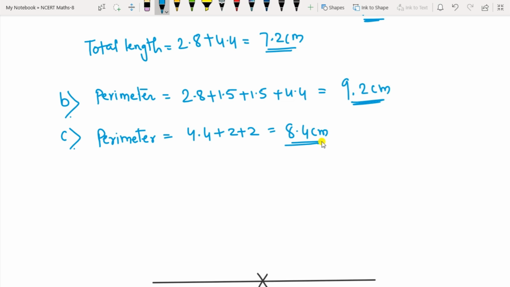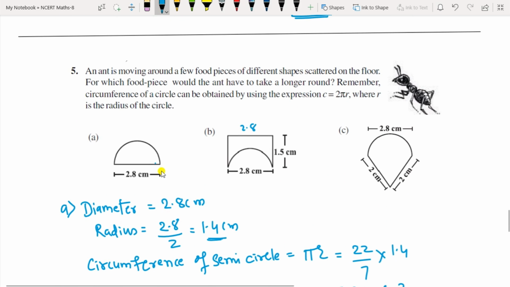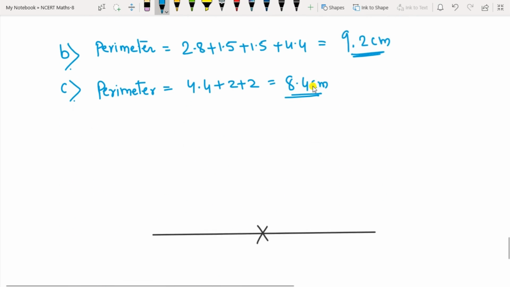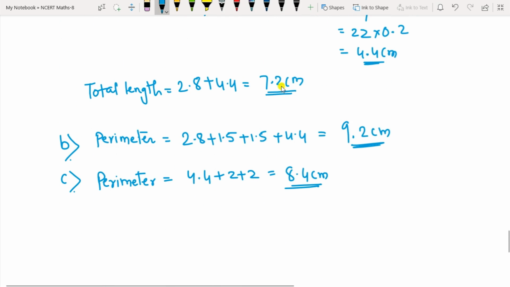Okay, now these are the total length that the ant has to move around the figure. So which figure, they are asking which figure the ant has to move a longer round. So you can see which figure has longer length. That is, the first one has 7.2, second is 9.2, and third one is 8.4.